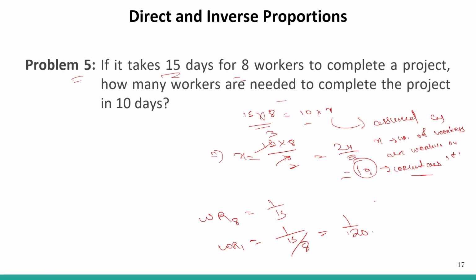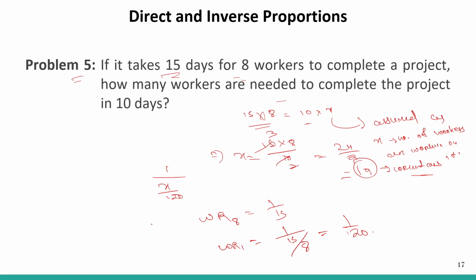So how many workers do we need to finish it in 10 days? Let X number of workers be working on it. So X by 120. In the numerator what we have is the amount of task, that is 1. So this is what is covered in 10 days.